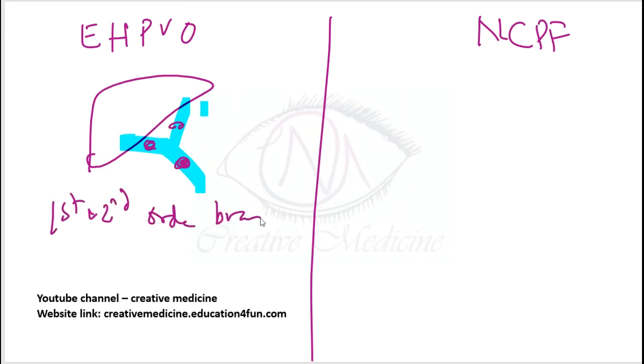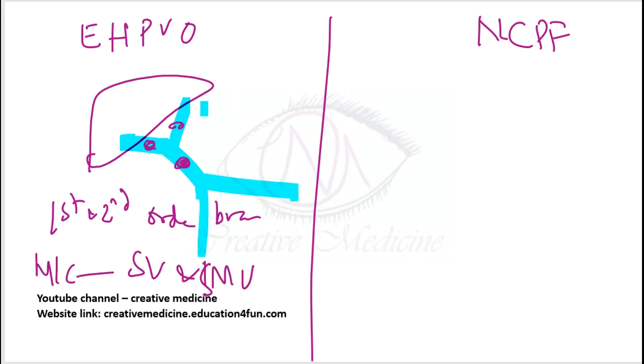The most common site of obstruction is the confluence of the superior mesenteric vein and splenic vein. This is seen mainly in the first to second decades of life, and splenomegaly is present, but less common.